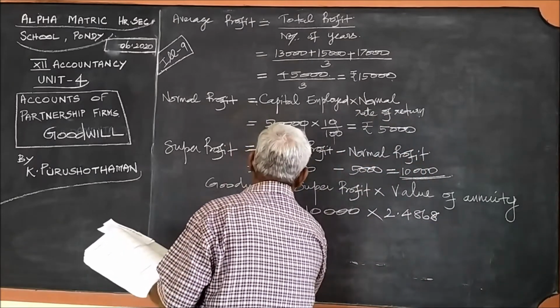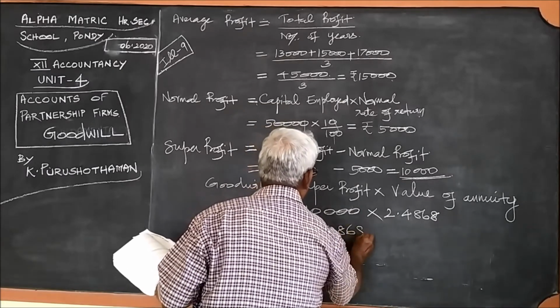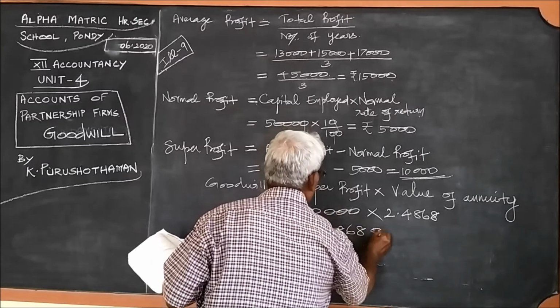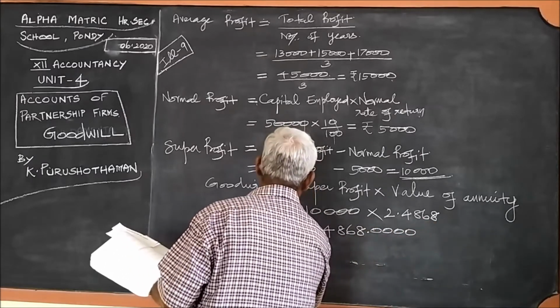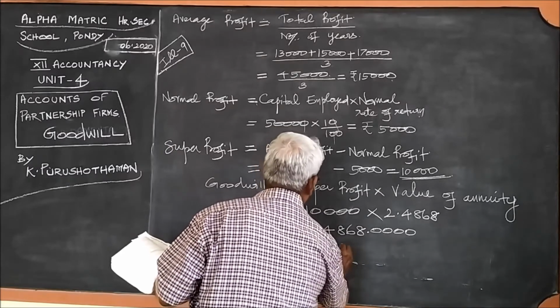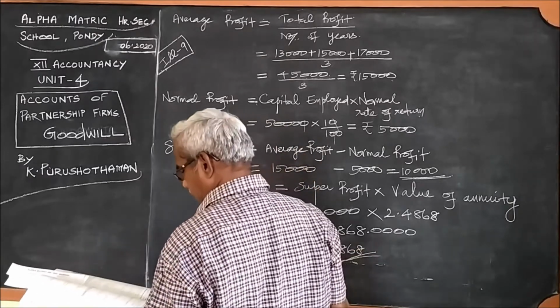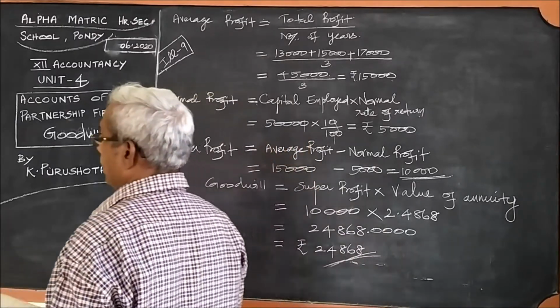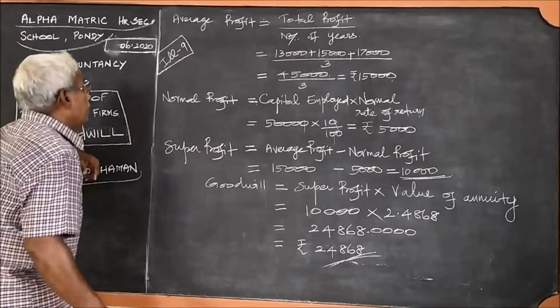So this is equal to 24868, four digits, so this is equal to 24,868. This is the amount of goodwill. It is given in the problem, that is under illustration.